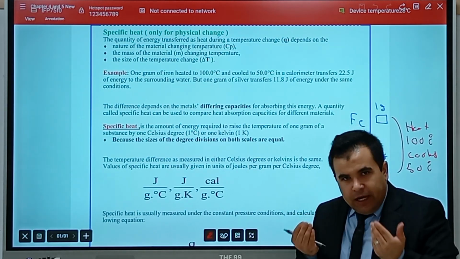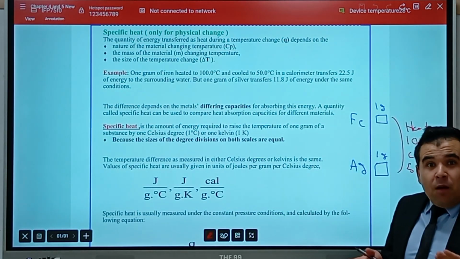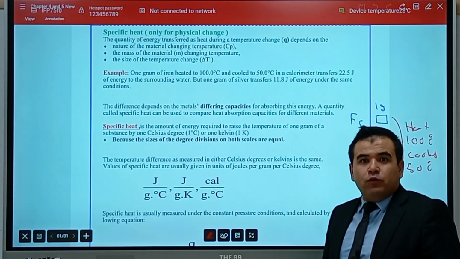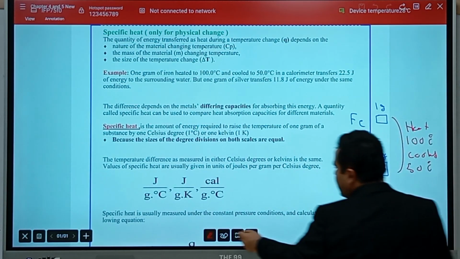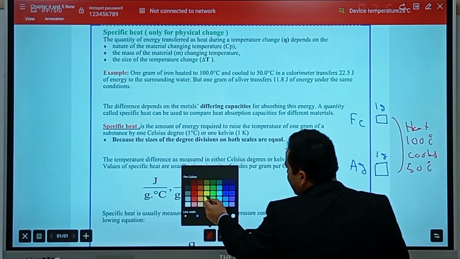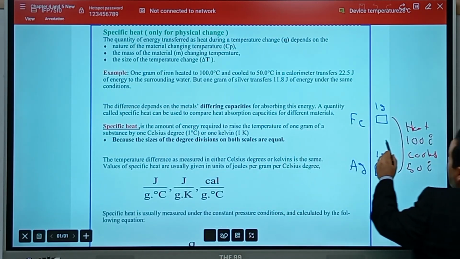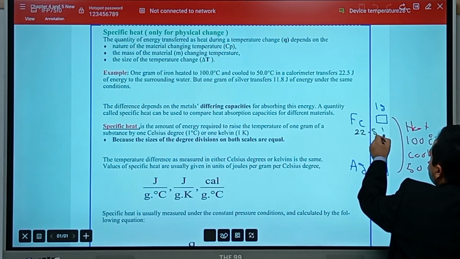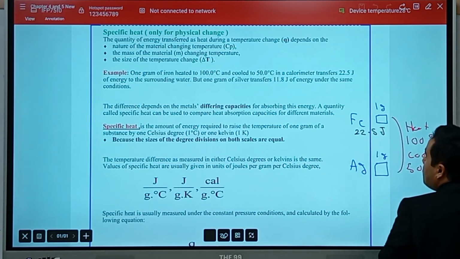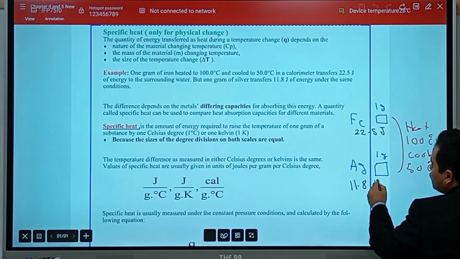How much heat from those samples was released to the surrounding water? The amount of heat released by the iron was almost 22.5 joules, but for the Ag, 11.8 joules.